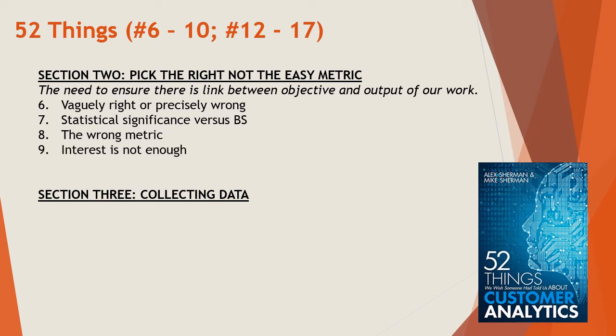Interest is not enough. Interest can differ substantially from actions, so beware of placing too much value on search metrics. Instead, try to get access to actual purchase or usage data. And they do some interesting things comparing, when they're talking about search data, the modern search data, which is about using Google, etc. They talk about the difference between Google and Amazon: Google knows where you go, but doesn't know what you've done.